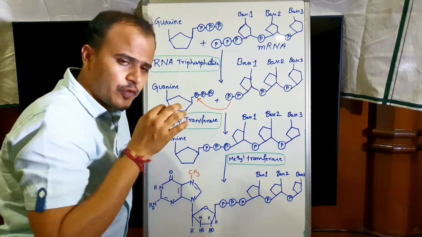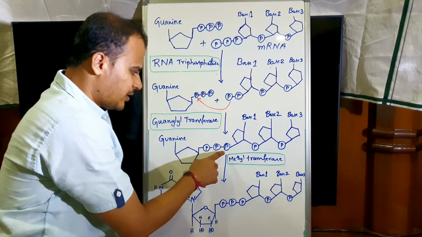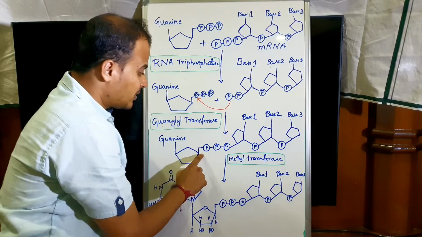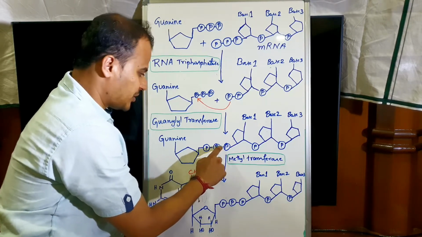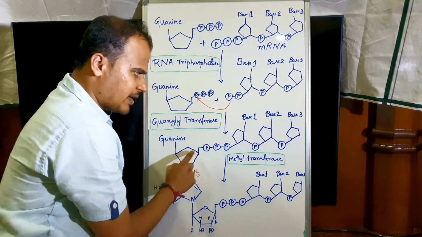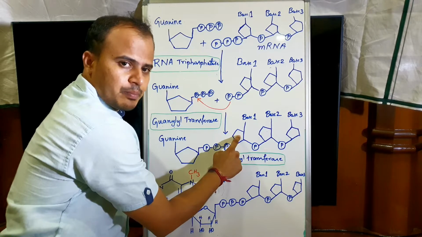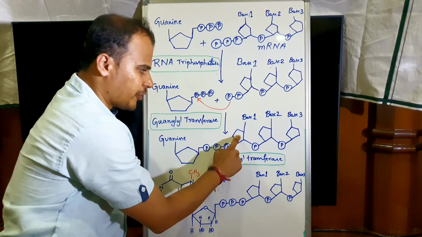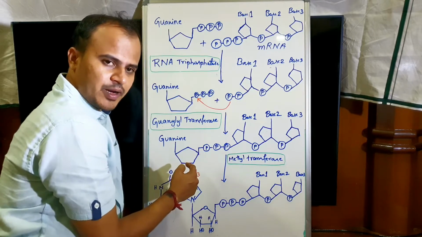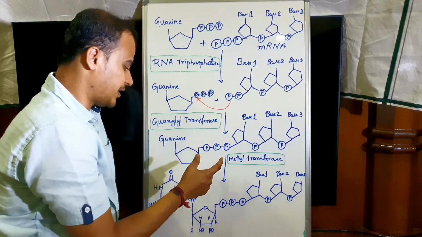Now, this is very unusual. You are looking at a 5' to 5' triphosphate bridge that is established between the guanine and the first nucleotide of the mRNA. You are looking at the 5' to 5' triphosphate bridge, which is very unusual.